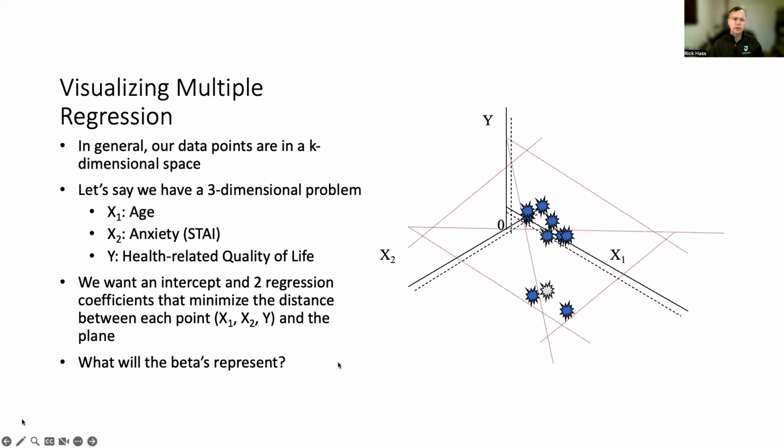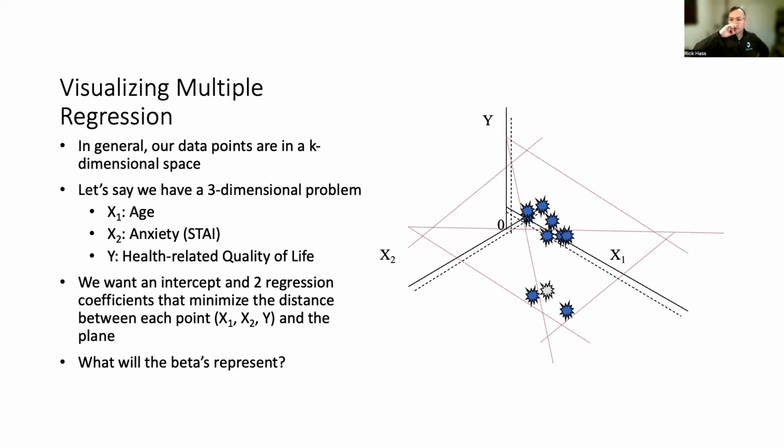And so I ask you then, what do the betas represent? Well, it's not really clear. We know that in a two-dimensional problem, a beta represents the slope of the best fit line to those points. What I'll show you is that in higher dimensional problems they're still slopes.